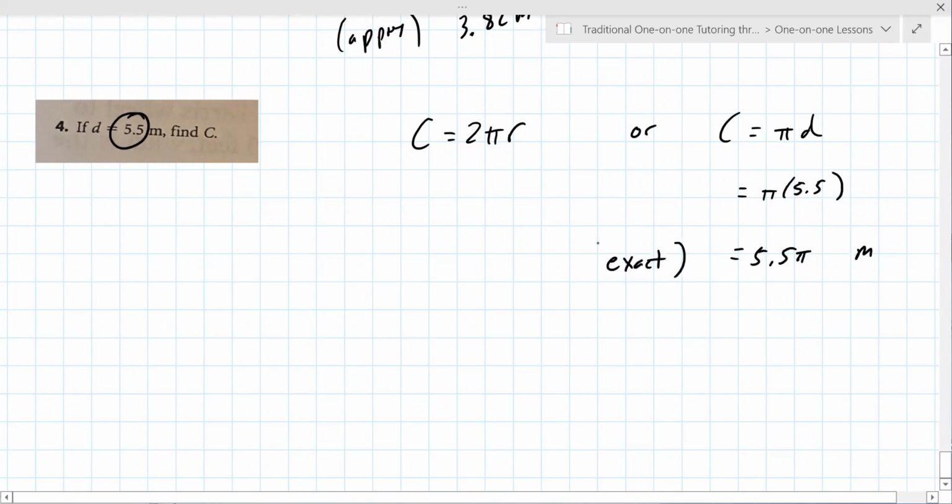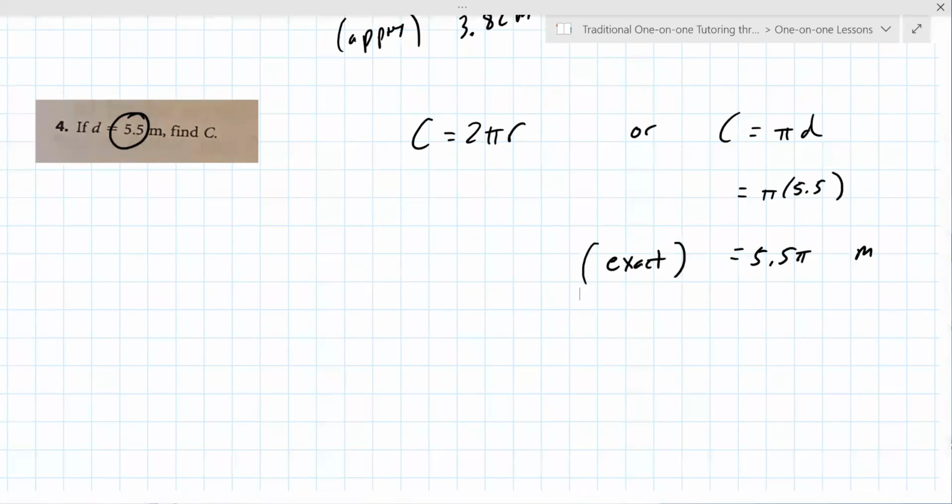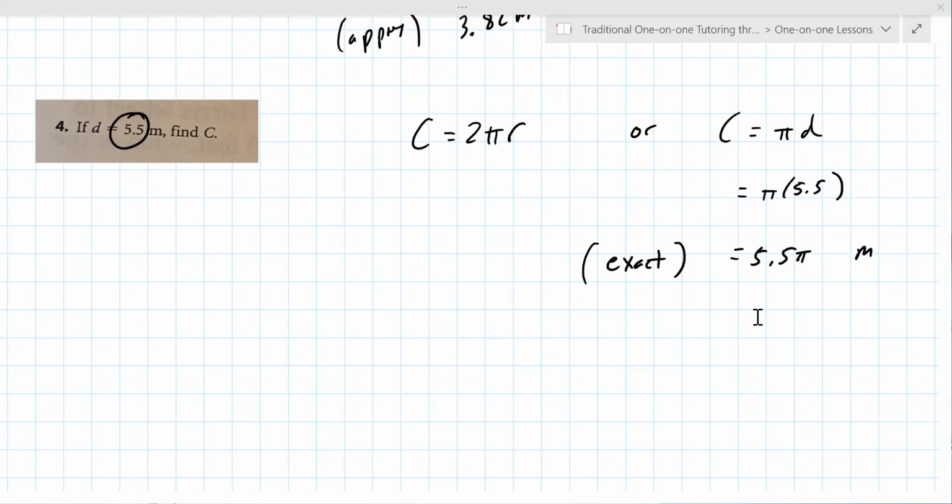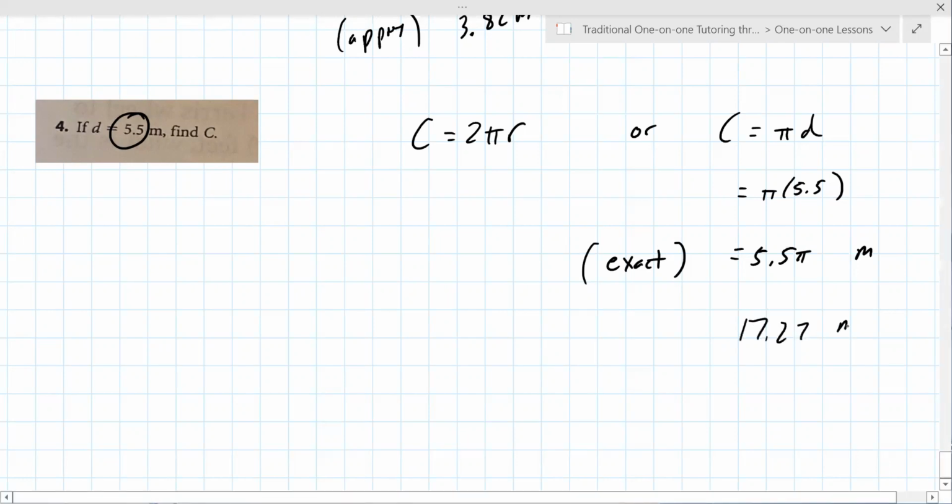And then approximate would be 5.5 times 3.14. 17.27 meters. Right, so make sure you throw those units in there.